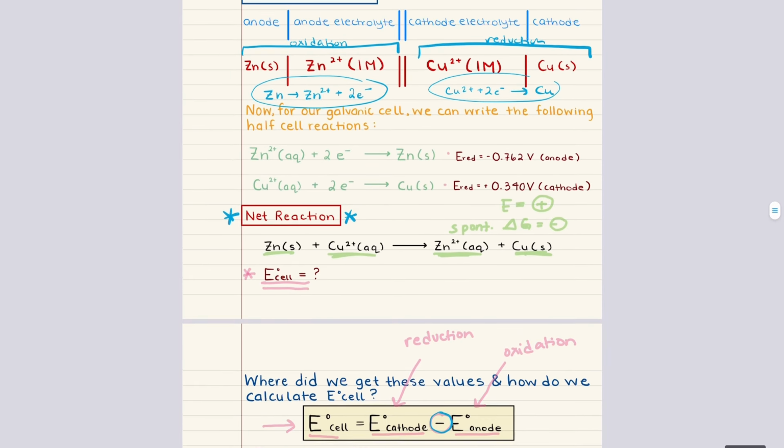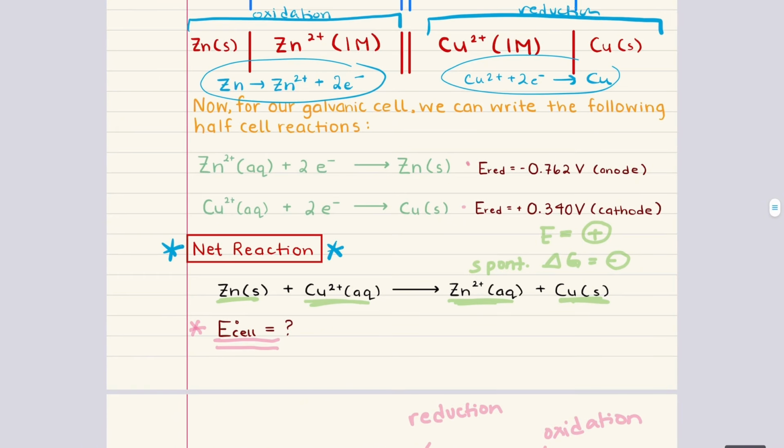Now, if we go back to our example galvanic cell with zinc and copper, we can go ahead and obtain the standard reduction potentials for each half reaction from the table. The reduction potential for copper 2 plus going to copper solid is plus 0.340 volts.